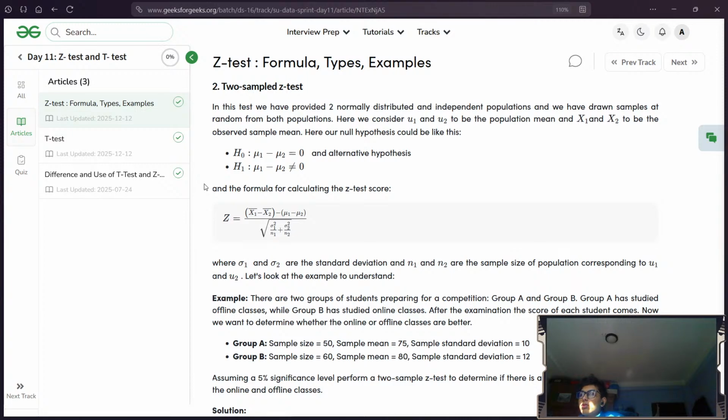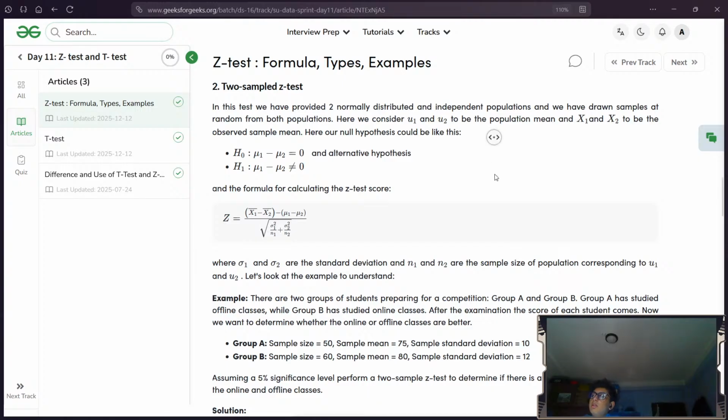The formula for calculating the Z test score is mean of x1 minus mean of x2 minus population mean 1 minus population mean 2, divided by root under sigma 1 square by n1 plus sigma 2 square by n2, where sigma 1 and sigma 2 are the standard deviations and n1 and n2 are the sample sizes of the populations corresponding to mu1 and mu2. Let's look at an example to understand.